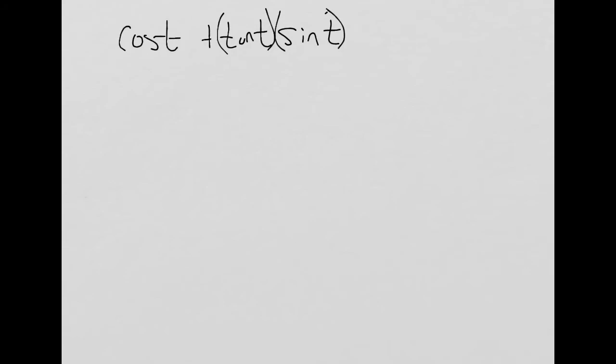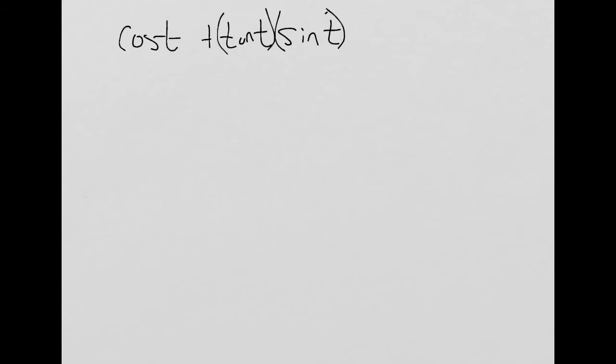And they allow us to do things like this: if I was to take cosine t plus tangent of t times sine of t. I put these in parentheses just to make it clear that I've got some multiplication there.